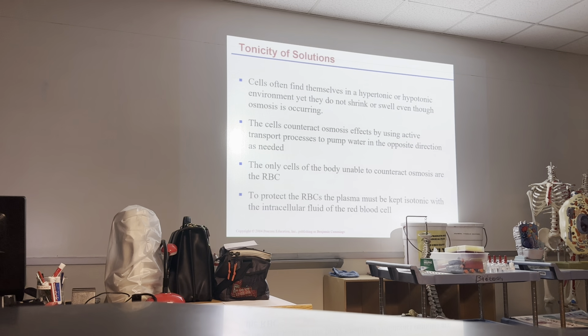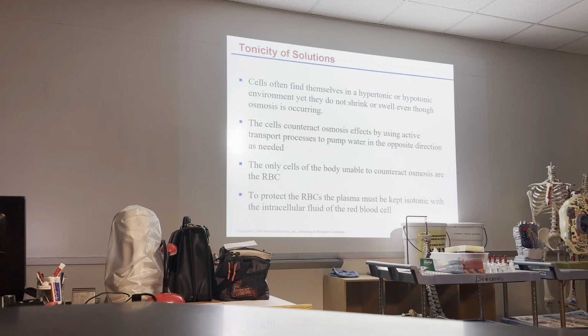Tonicity, we just went over tonicity, right? Go ahead and read this for me. Lenny, read it for me, please. Cells often find themselves in hypertonic or hypotonic environments, yet they do not shrink or swell even though osmosis is occurring. The cells counteract osmosis effects by using active transport processes to pump water in the opposite direction as needed.